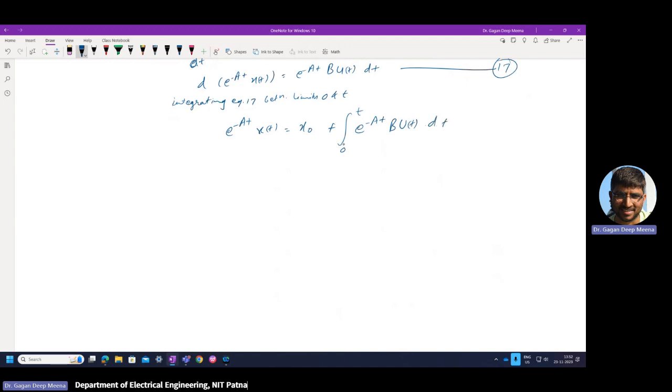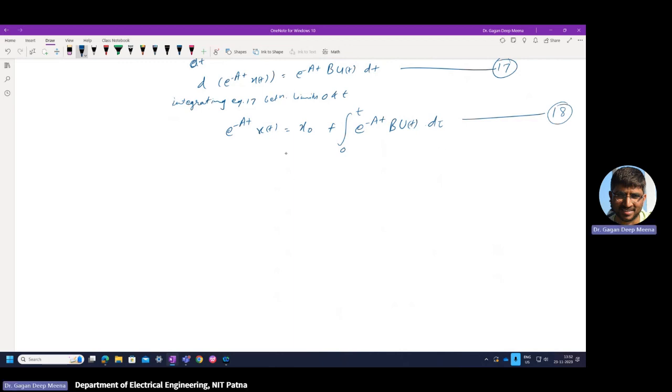Okay, so now this 0 to t I can write it as tau, so d tau it will be. Okay, this is tau. Let me clearly write this tau. I'll rub it and rewrite this tau like this. Okay. So this is my equation number 17 rewritten after integration.